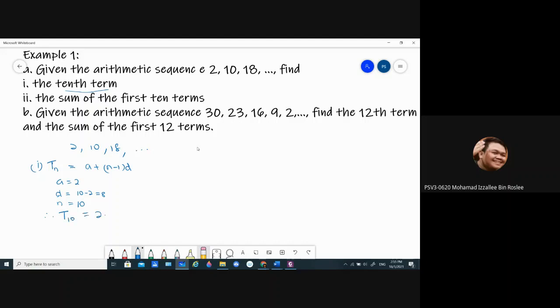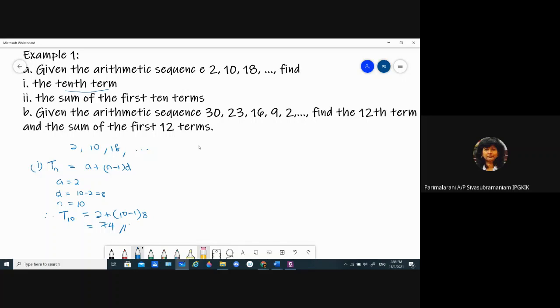T10 is equal to 2 plus 10 minus 1 times d, and d is 8. 10 minus 1 is 9, and 9 times 8 is 72. So the answer is 74, correct? Yes, so we have 74.